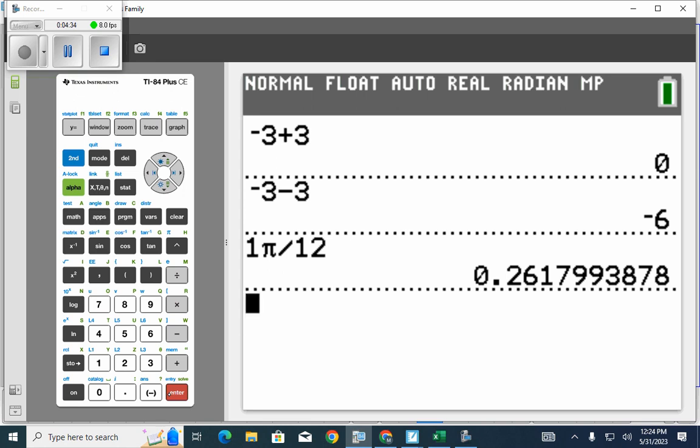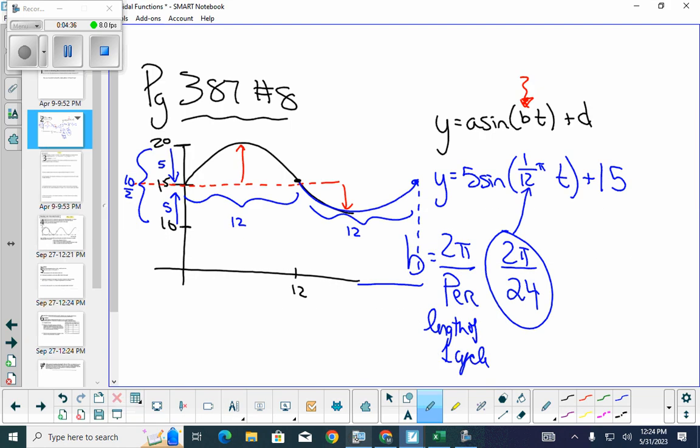So 0.26. So the other way to write the answer would be 5 sine 0.26 t plus 15. So one's exact, the other is what we call approximate.